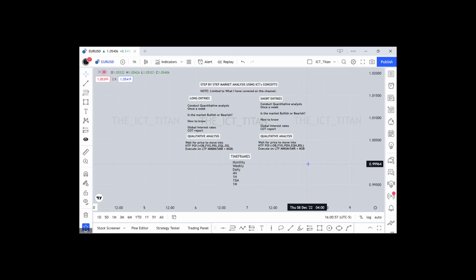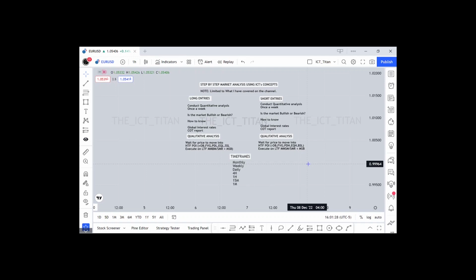We can start on the monthly, weekly, daily, 4-hour, 1 hour, 15 minutes, and eventually take trades on the 1-minute chart. Or if you want to take trades on the 15 minutes or the 1 hour, whichever choice you make is based on which trader you are.